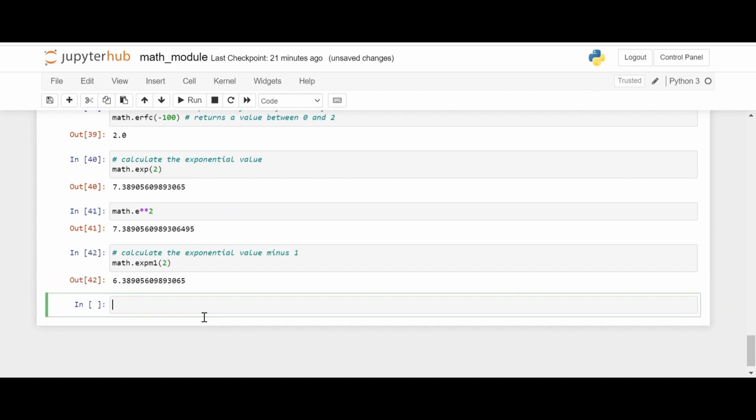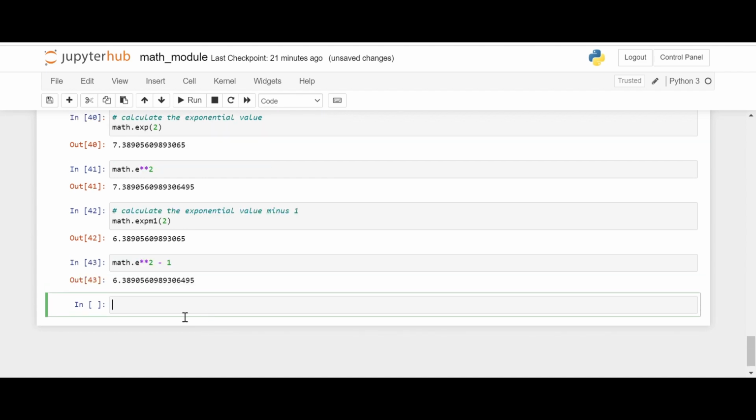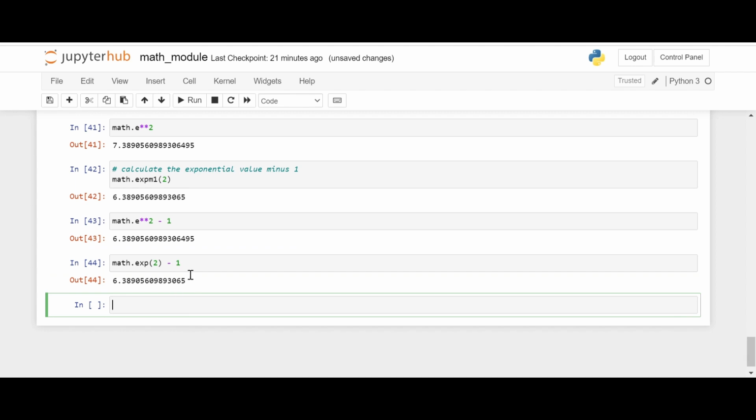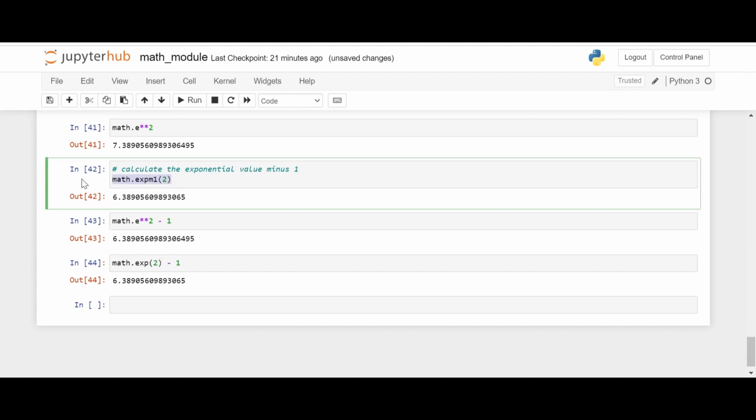So basically what is happening is that math.e to the power 2 minus 1. This is what is happening. We can also do it this way, minus 1. So this operation is happening here.